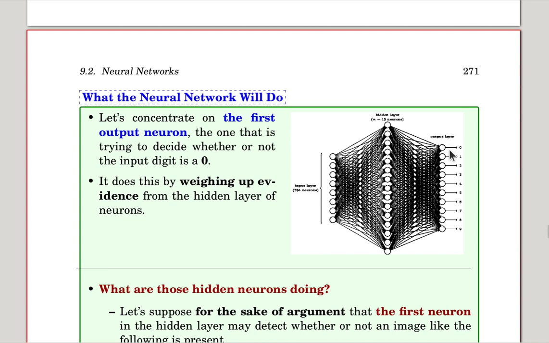To decide the input is 0, the evidence will be weighted up, so that from this unit the information comes here, and from the second one also, so that for all 15 hidden units, the information is weighted up for this one.